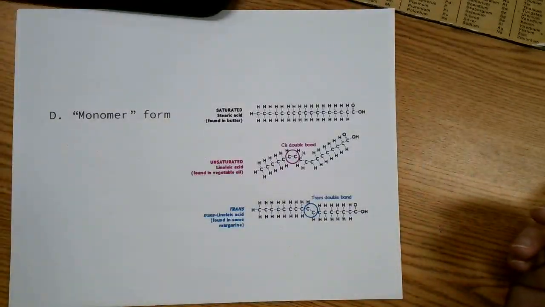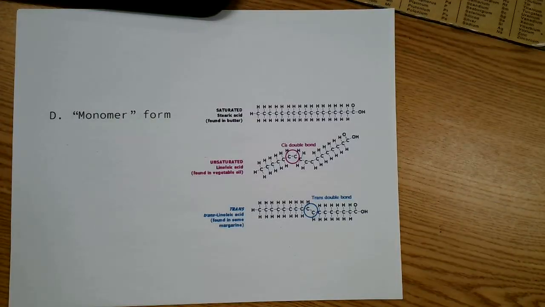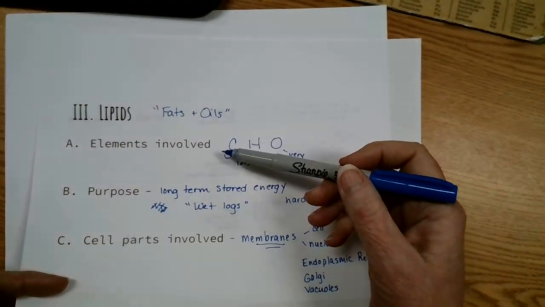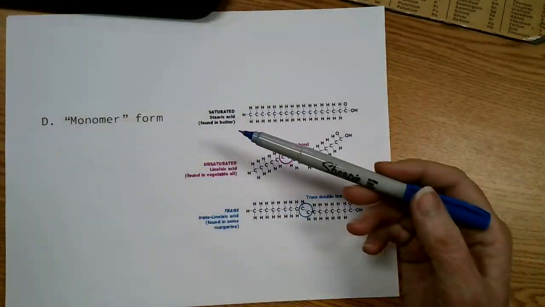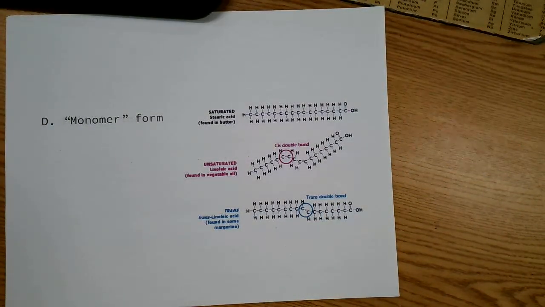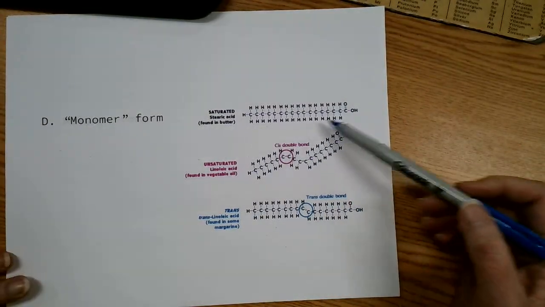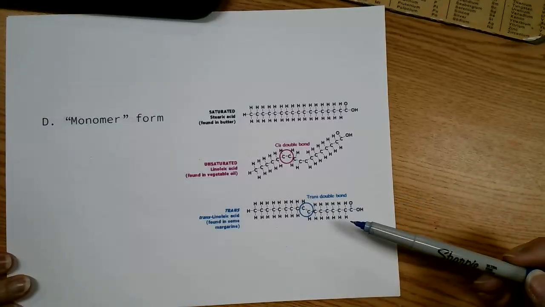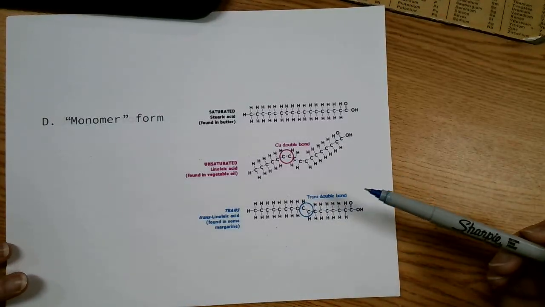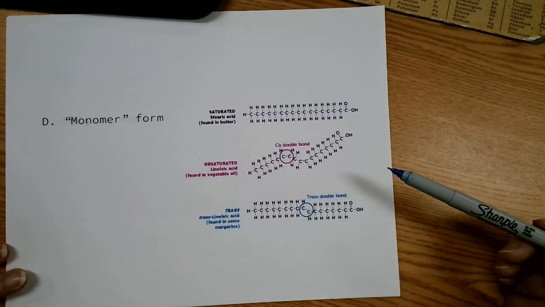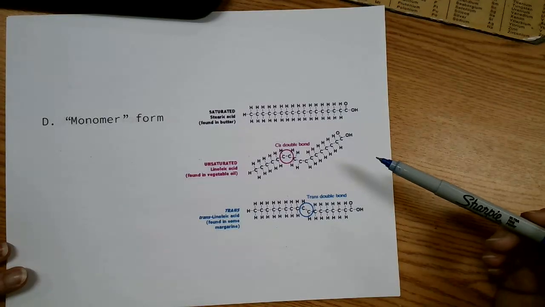Okay, so that's our first three things that we always say. Remember, with each category, we're going to say the elements involved, the purpose, the cell parts. Then we're going to go into the monomer and polymer form. Now, look at these monomers. Here's 1, 2, 3. These are all monomers of lipids. They are big molecules here.